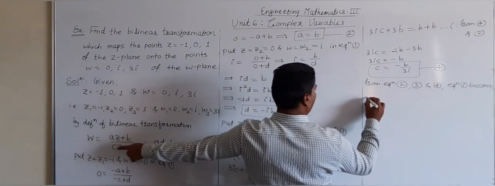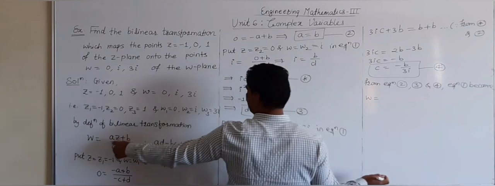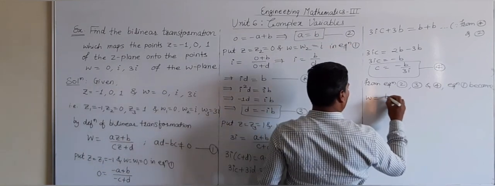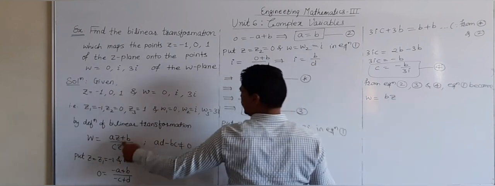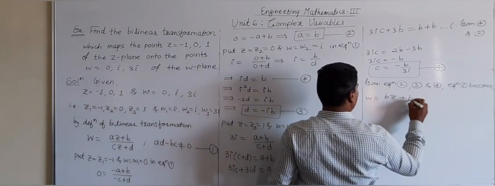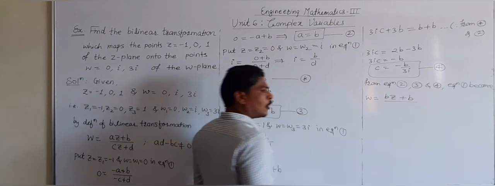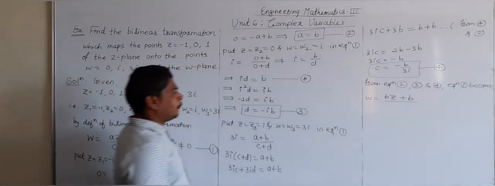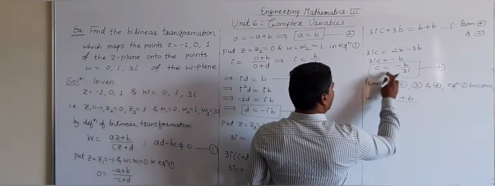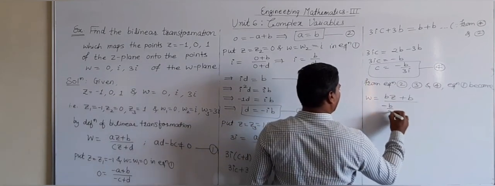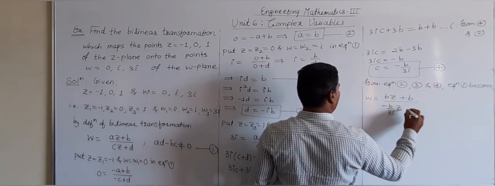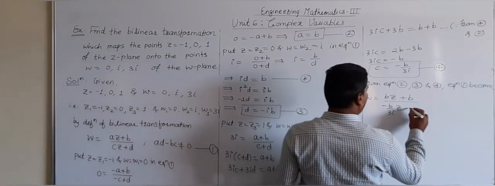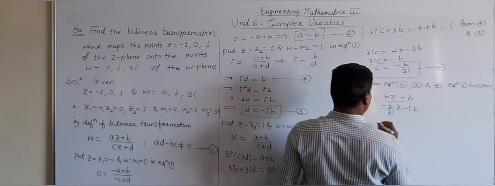W is equal to AZ plus B, divided by CZ plus D. From equation 2, the value of A is B, so B into Z, then plus B as it is, because we are writing all the constants A, B, C, D in terms of B. Divided by C into Z, the value of C is minus B divided by 3i, into Z plus the value of D, but the value of D is negative, so minus iB.